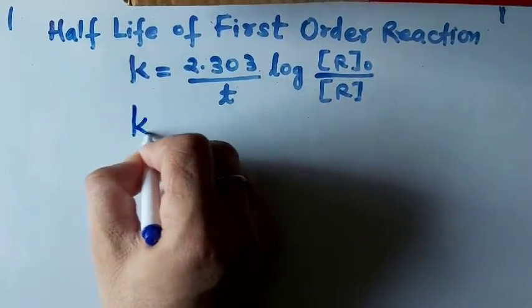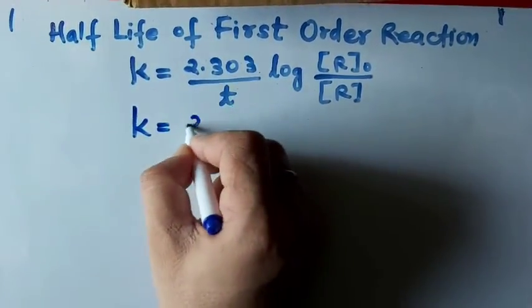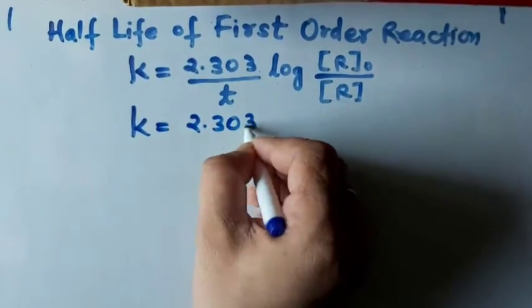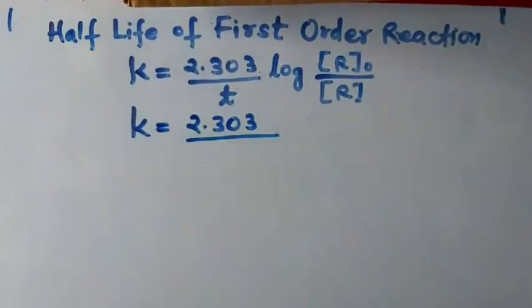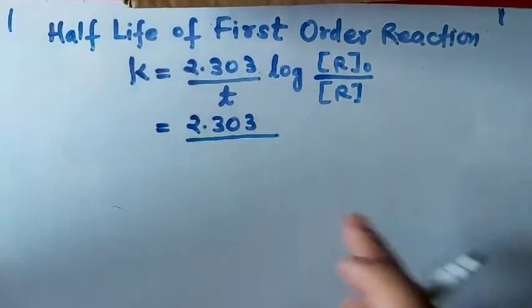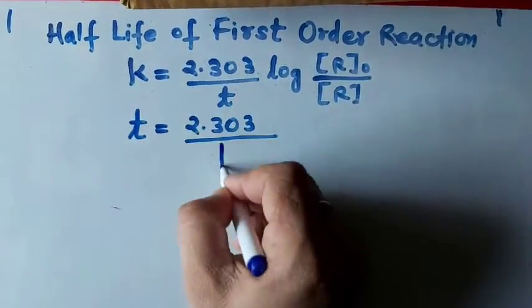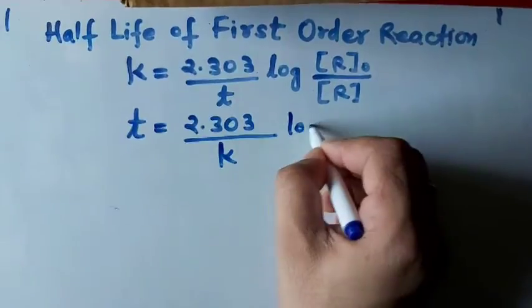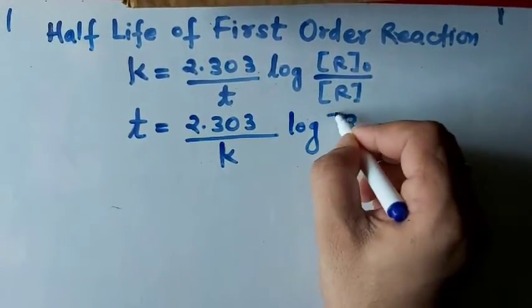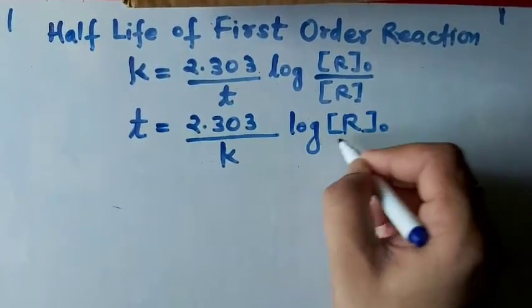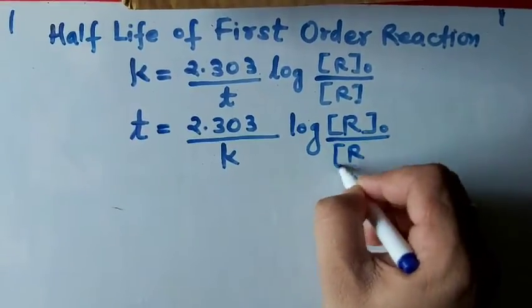Now let's slightly modify this equation. Instead of K, move this T over here and this K over here. We have this equation, initial upon final.